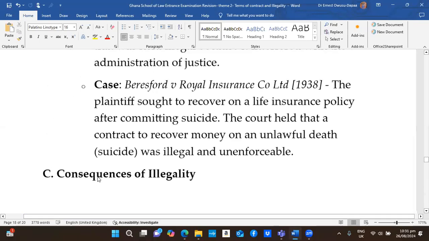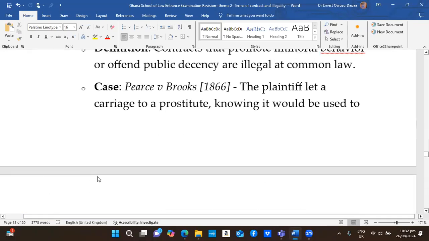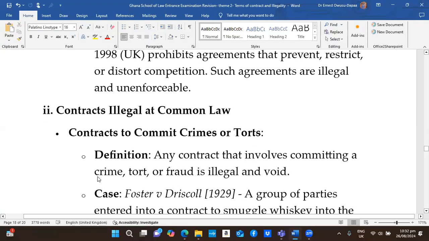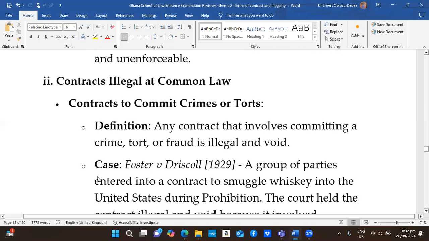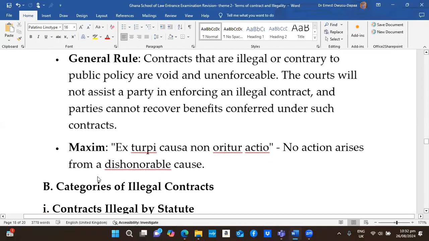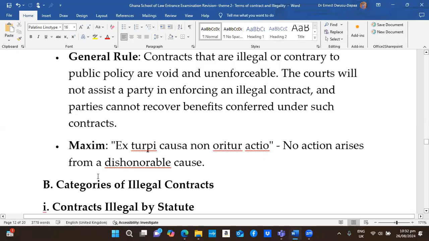Okay, so we move on to illegality and public policy. So illegality and public policy, the point to remember is that contracts are considered illegal where they are made in violation of a particular law.